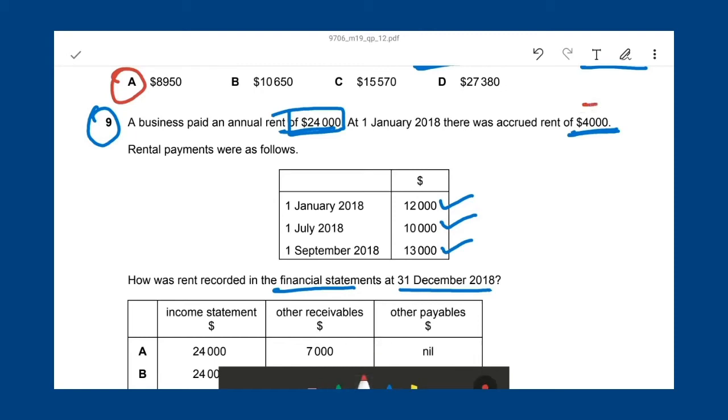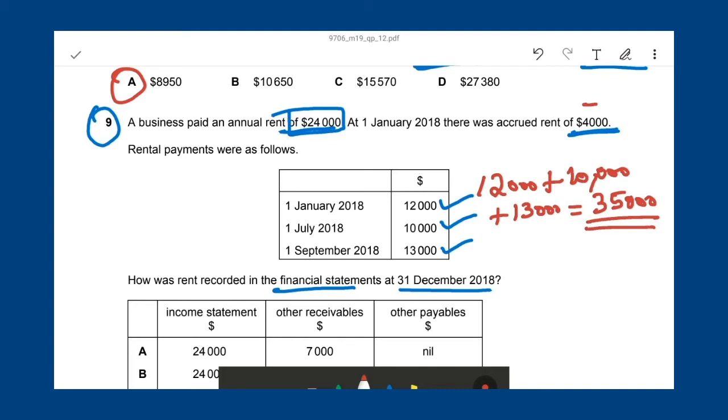Deduct opening accrued. Then the business paid 12,000 plus 10,000 plus 13,000. Total the business paid 35,000 rent.